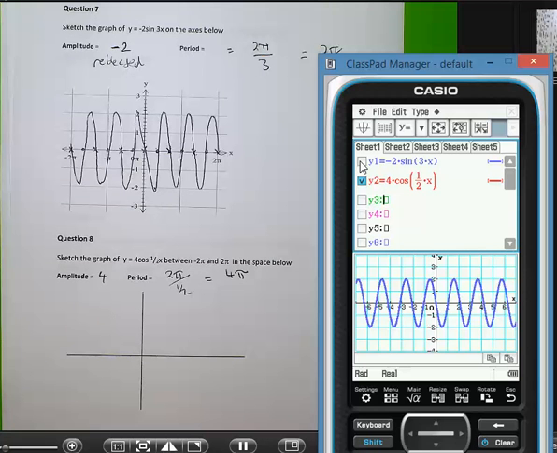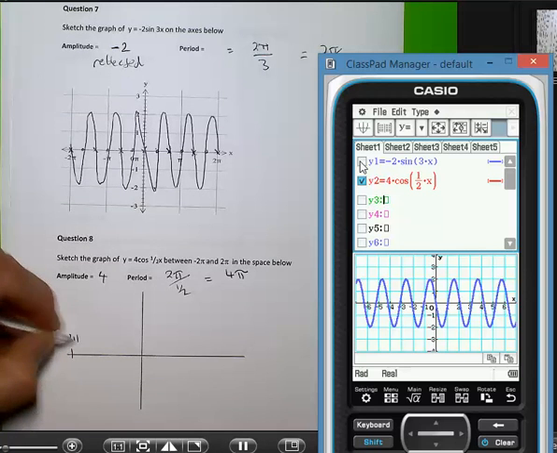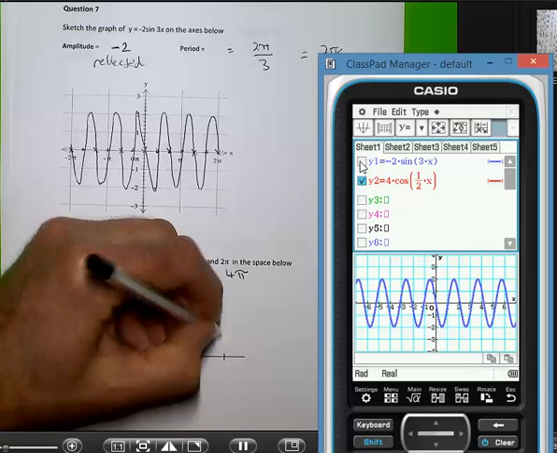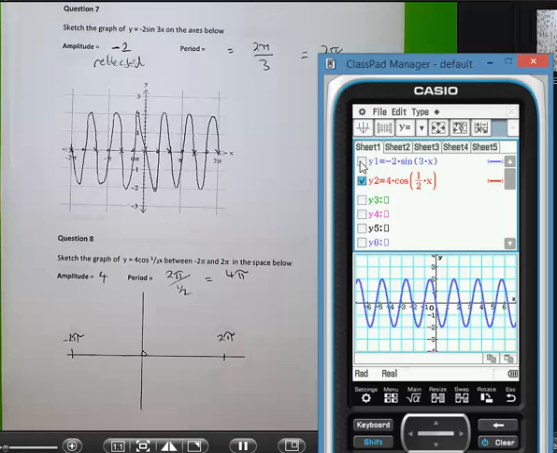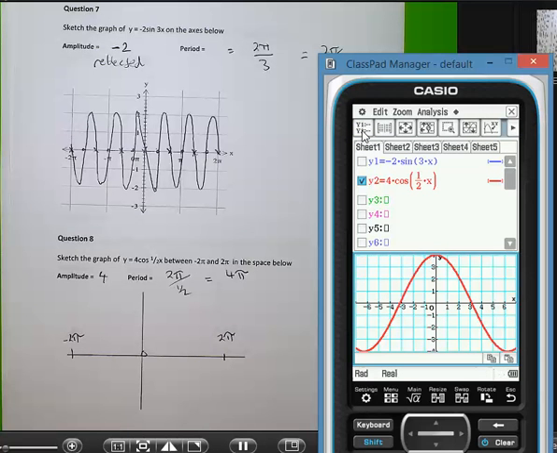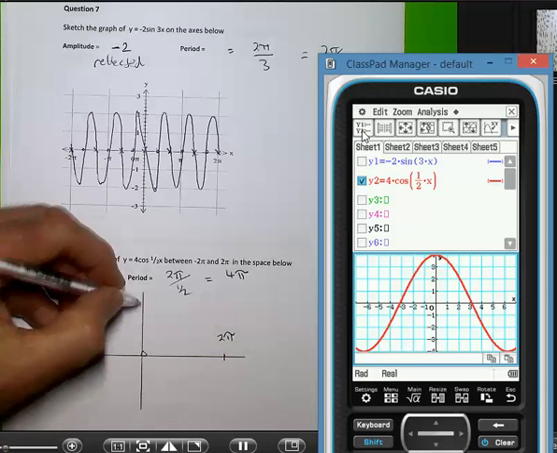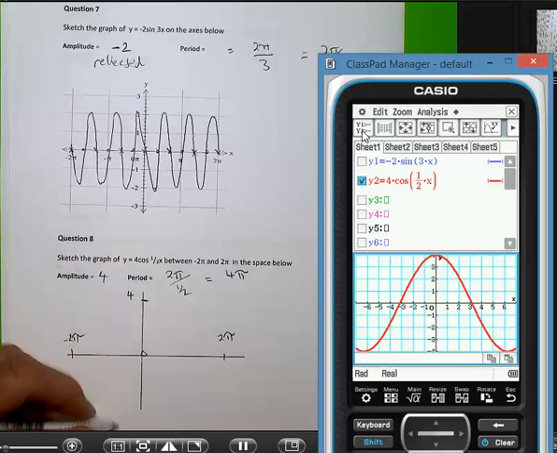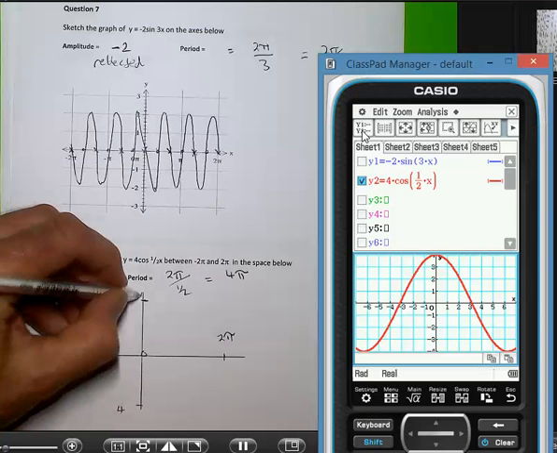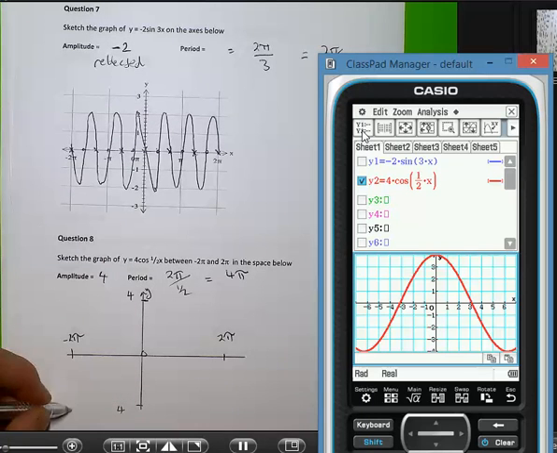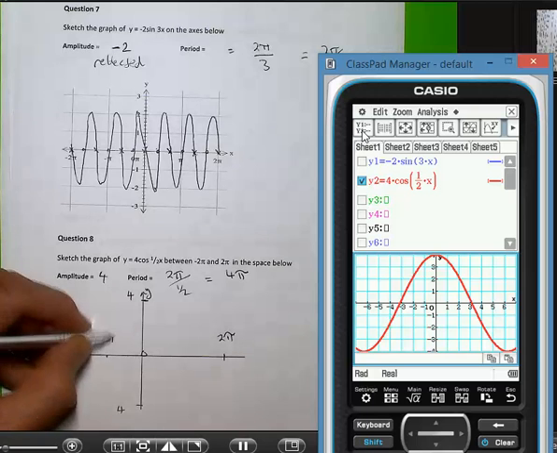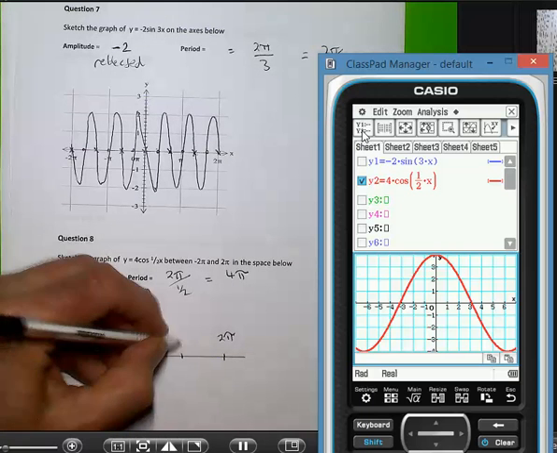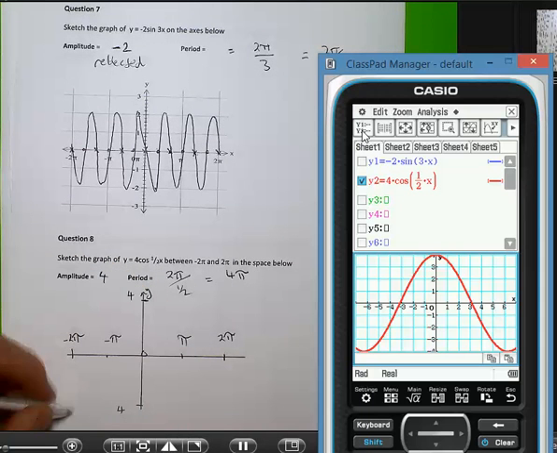So between negative 2 pi, if I had to draw it like so, through to 2 pi, we'll see the pattern appearing just the once. So I might use that to help me guide there, 4 and negative 4. Negative pi will be a 0, and pi will be a 0 as well.